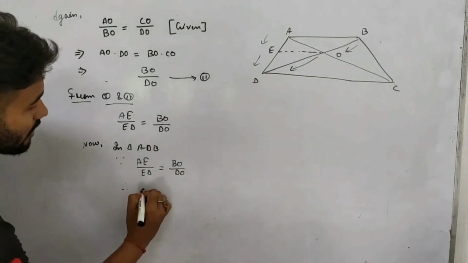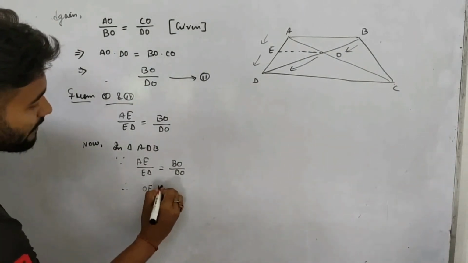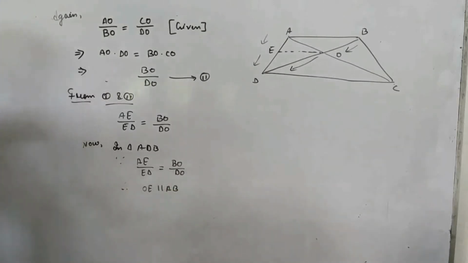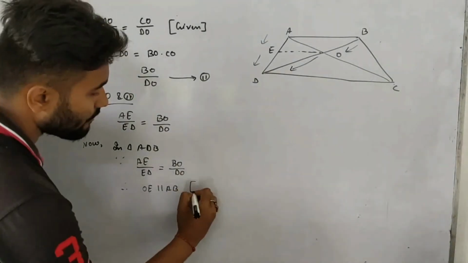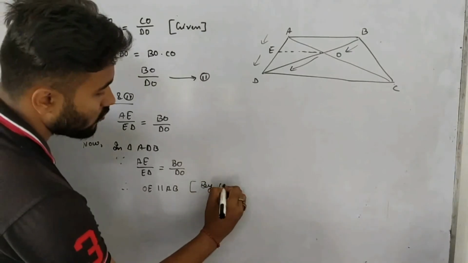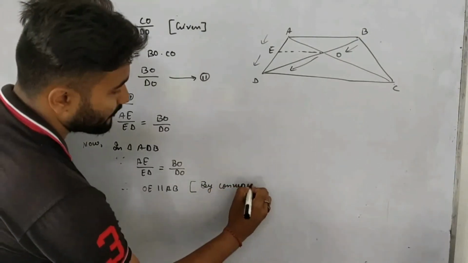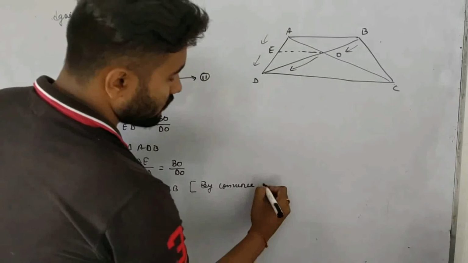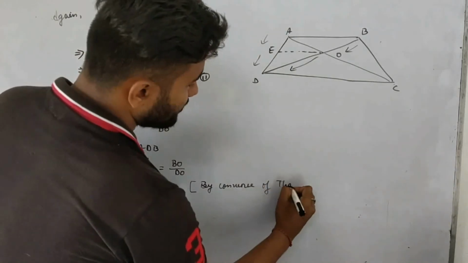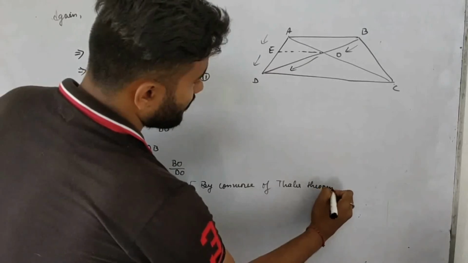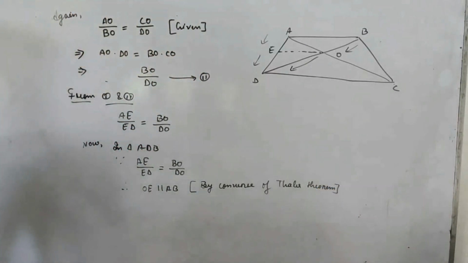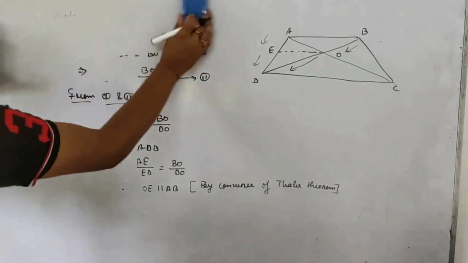So therefore, our OE will be parallel to AB, by the converse of Thales theorem. Done. So the answer is already finished.